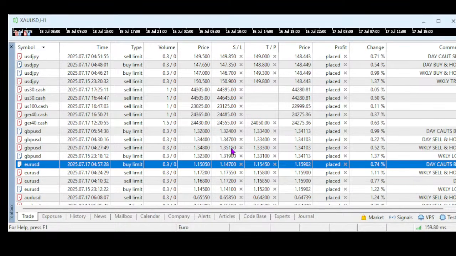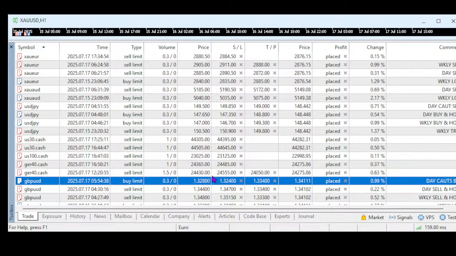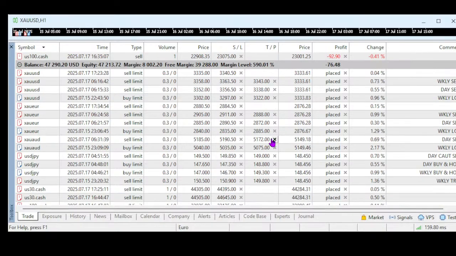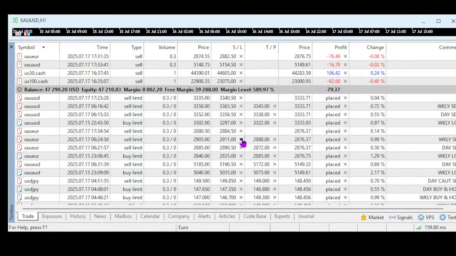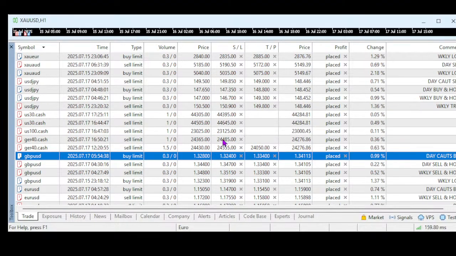Pound, we only have sell at 34.40, so this is also good to go. Then the German DAX, I think we missed this again. So let's see that again, the German DAX one more round, then see whether we can trade on this.